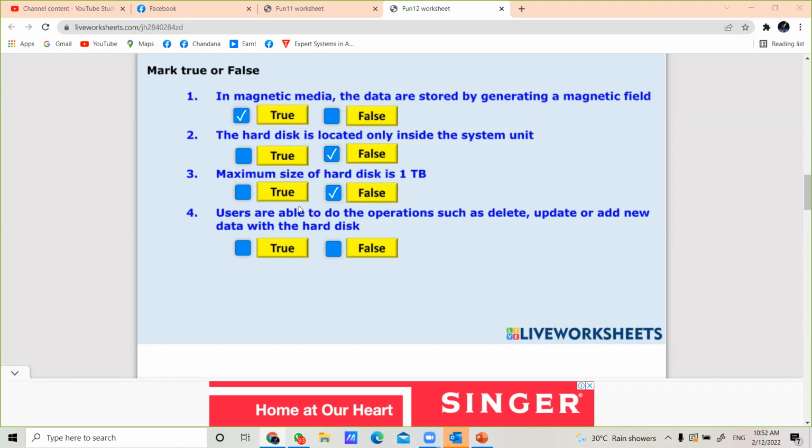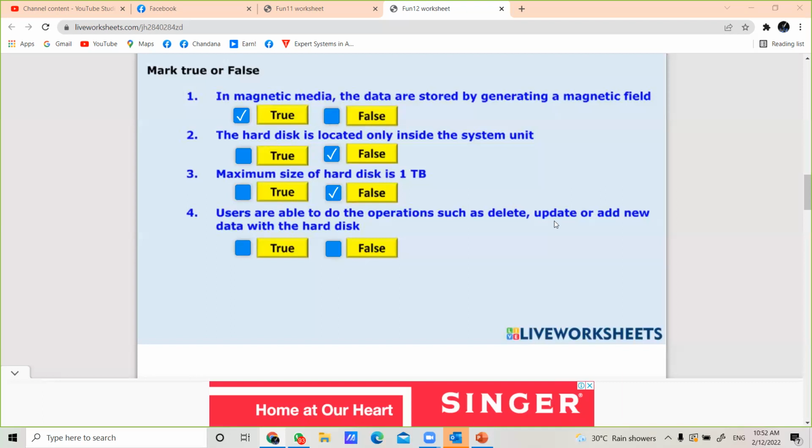Then, users are able to do operations such as delete, update or add new data with the hard disk. These types of operations are possible with the hard disk. You can add new data to the hard disk, delete existing data, or update the existing data.